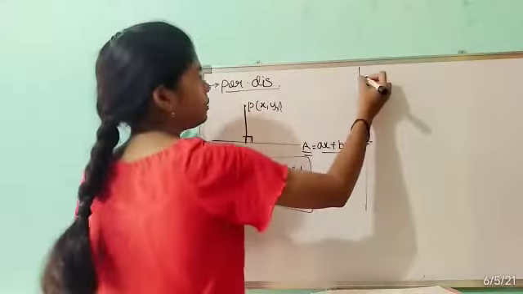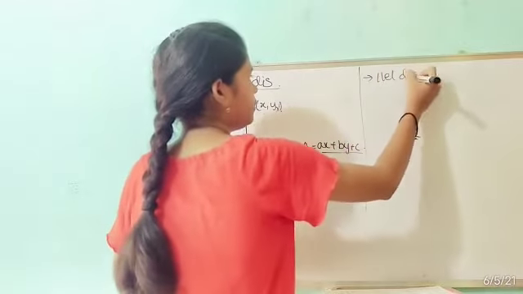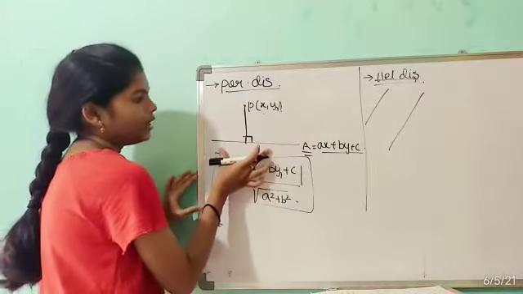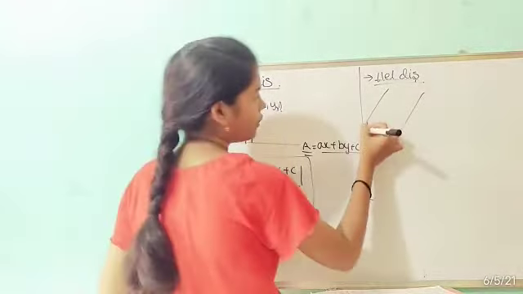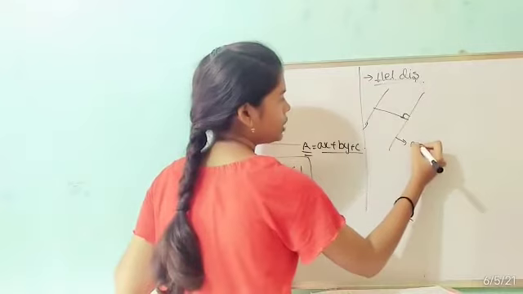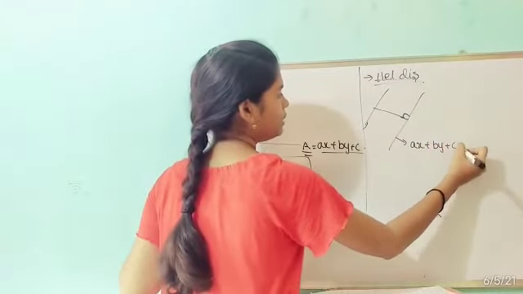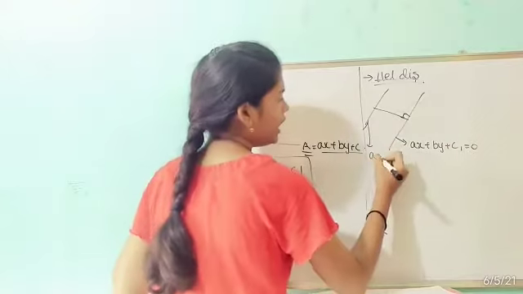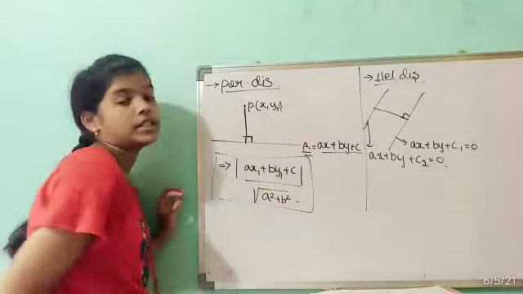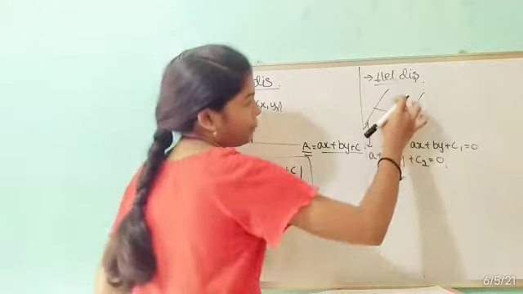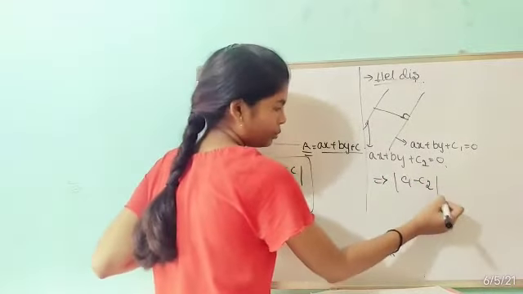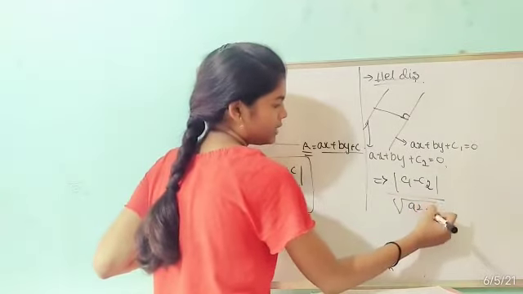Moving on to the next, the parallel distance. If you want to find the distance between two parallel lines, where one is of equation ax plus by plus c1 is equal to 0 and the other is ax plus by plus c2 is equal to 0, then the distance between these two parallel lines is mod of c1 minus c2 by root over a square plus b square.